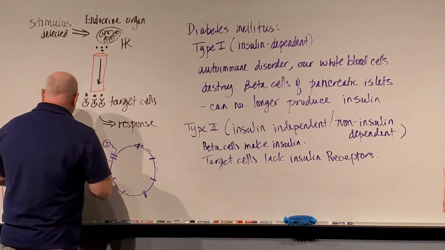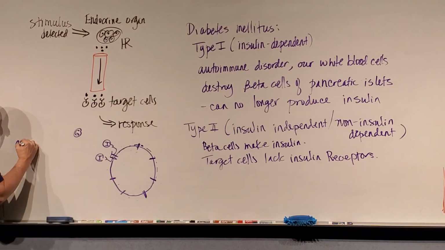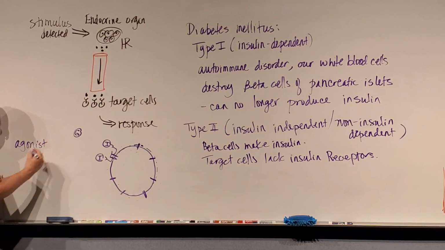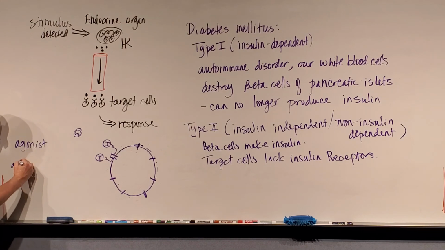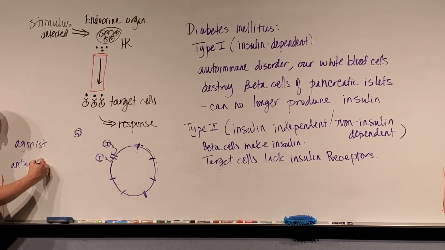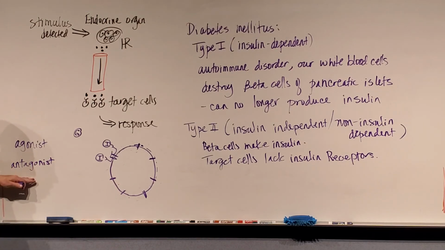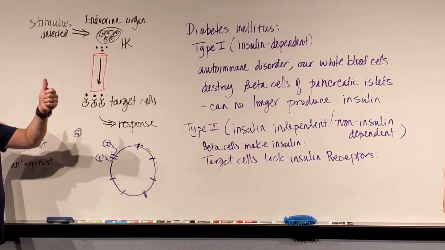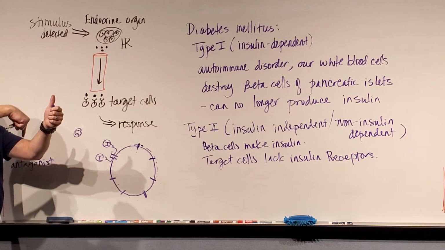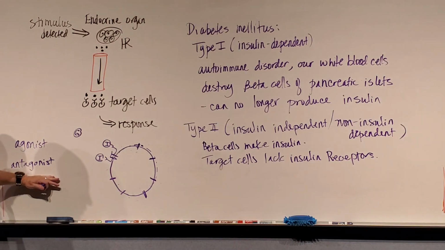So I'm going to write this over here. Agonist, they have the same action. Ant comes from anti. So antagonists have opposite effects. Since glucagon raises blood sugar levels and insulin lowers them, insulin and glucagon are considered antagonists.